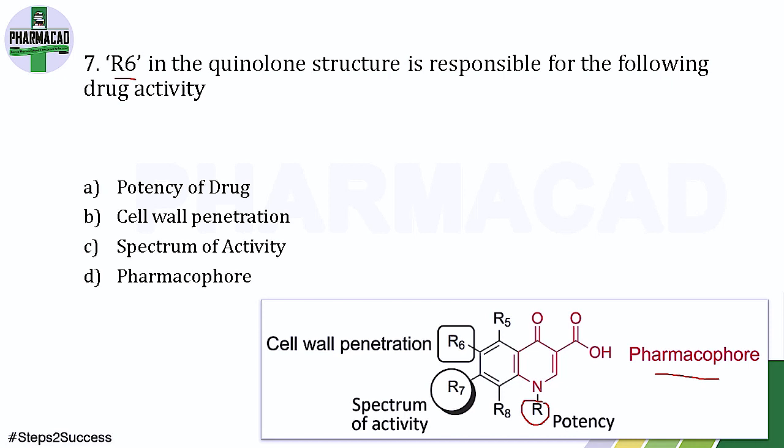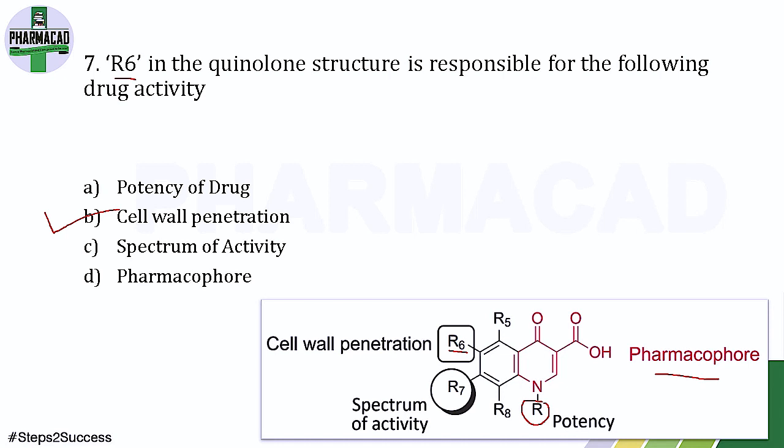R6, which is our given question, is responsible for cell wall penetration, but R7 is responsible for the spectrum of activity. Hence, R6 will be responsible for option B, that is cell wall penetration. So remember this general structure for quinolones and the specific activities of the substituents.